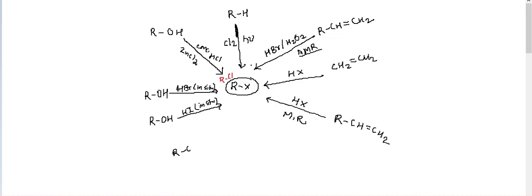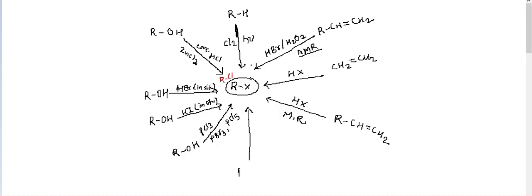We can also prepare alkyl halide from alcohol by using PCl3, PBr3 reagents, or PCl5 reagent. By using these phosphorus trihalide and pentahalide reagents, we can prepare alkyl halide from alcohol.